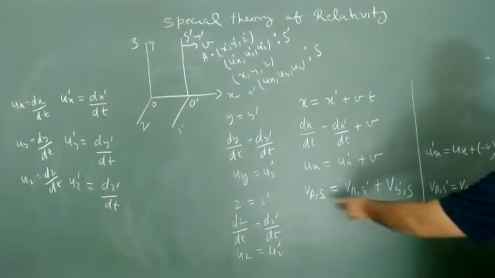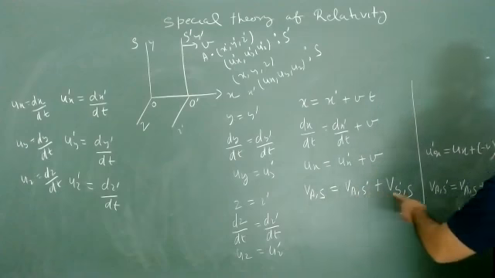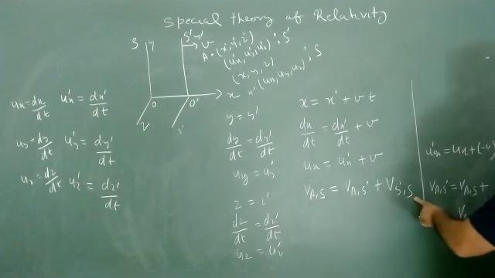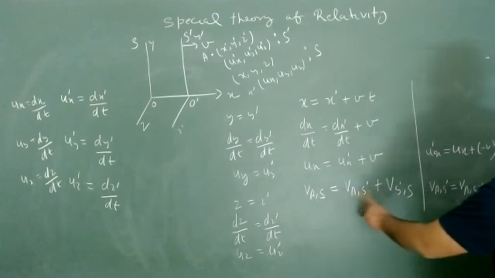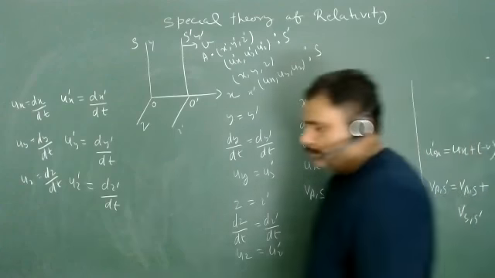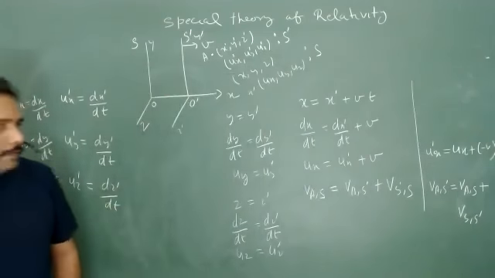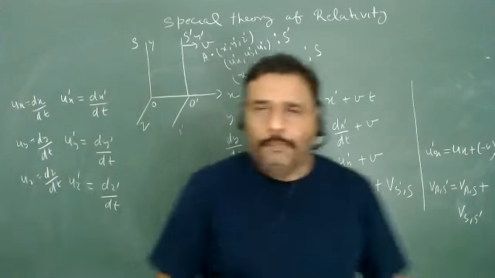Look at A with respect to S, A with respect to S dash, with respect to S. If I am changing this S to S dash, then everywhere the S will change to S dash without anything else changing. So you should understand this particular thing. Are you getting my point?